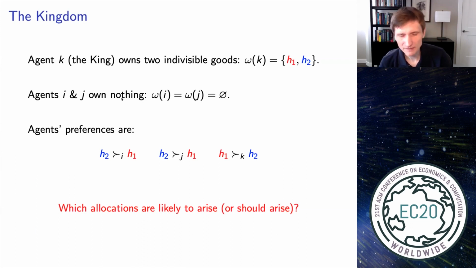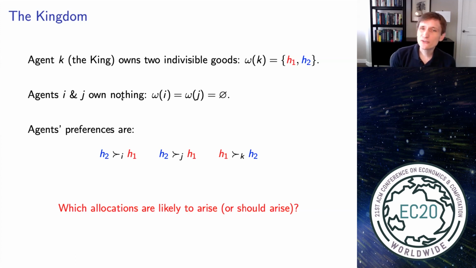Here is one simple example. We call it the kingdom. Suppose there are 3 agents and only 2 houses. One agent, let's call him the king, happens to own both of them. The other 2 agents, the peasants, have nothing. The agents' preferences are fairly straightforward. The king wants house 1, the other 2 agents prefer house 2.